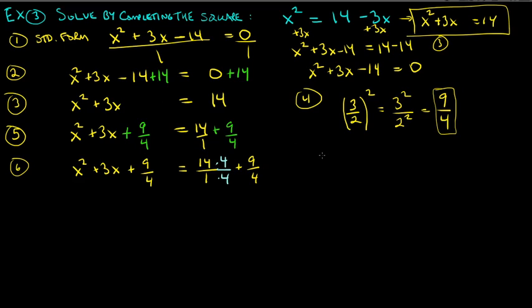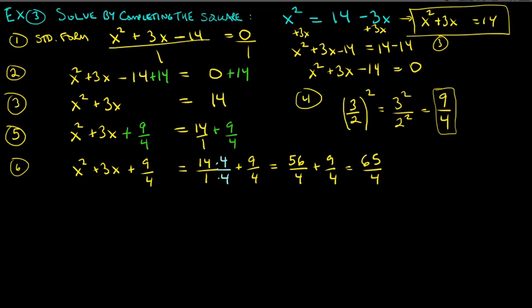So we get 14 times 4, which is 56, over 4, plus 9 over 4, and that's going to be 65 over 4. I think that's right. Hang on. Yeah, I think that's it.